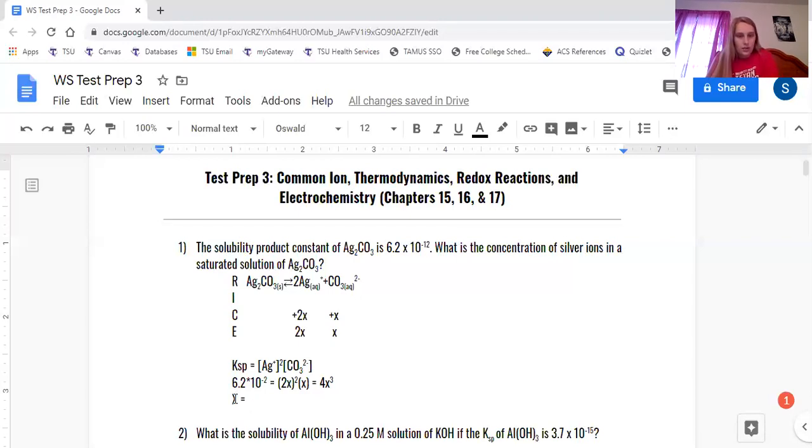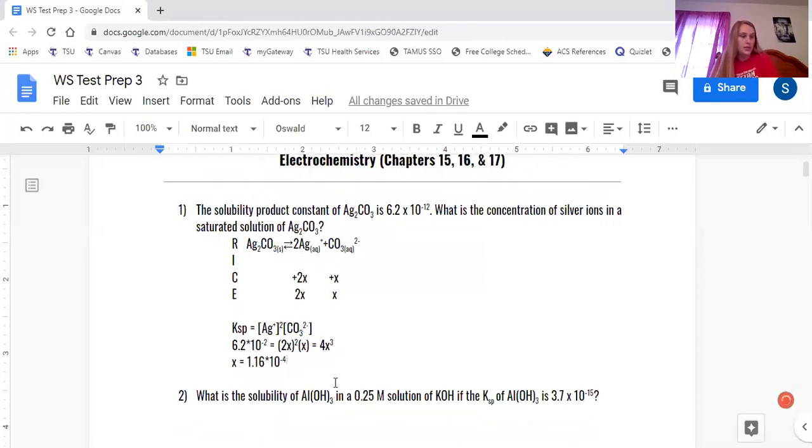All right, this x is going to end up being equal to, when you solve it out, I'll go ahead and do this one so that I have time to get through more complicated ones, 1.6 times 10 to the negative 4. And you do need units because this x is for that.